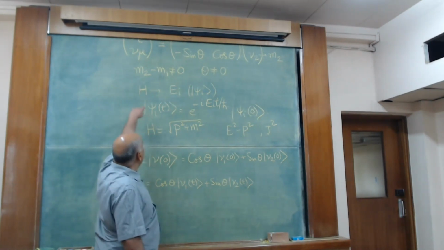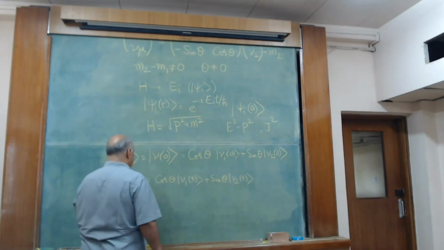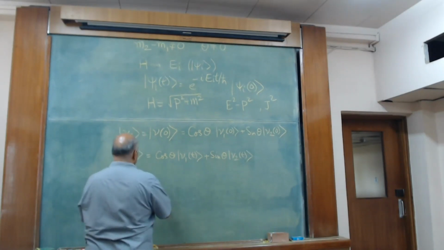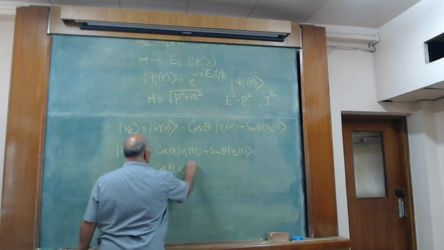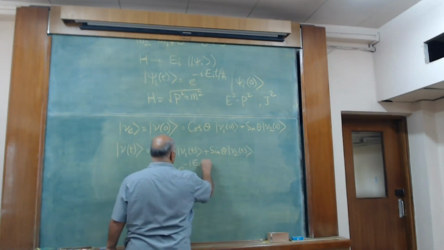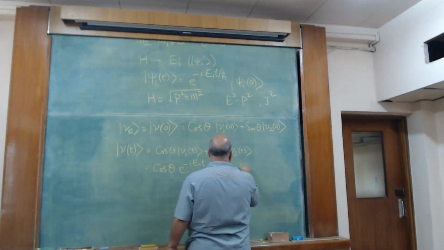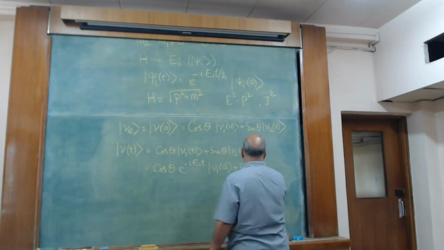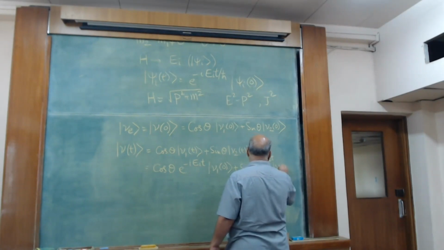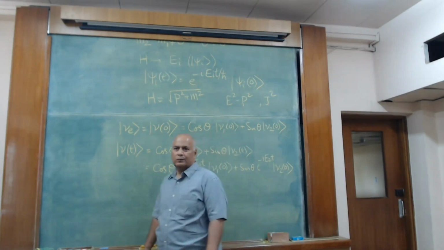But I apply this rule and say that this is cos theta e power minus i E1 t nu1 at 0 plus sin theta e power minus i E2 t nu2 at 0.